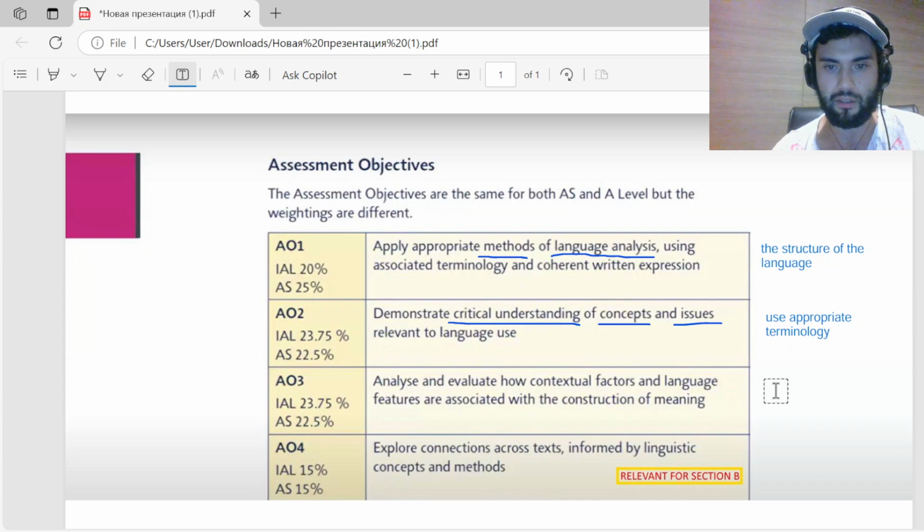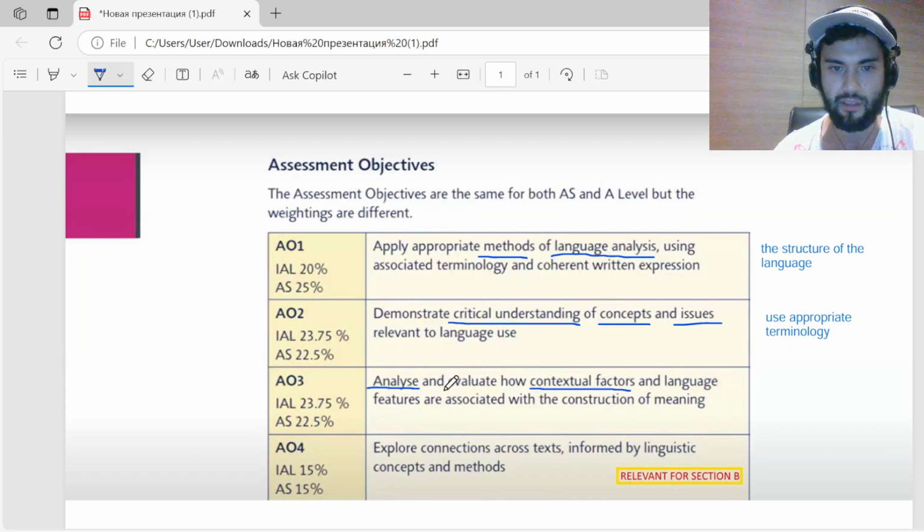Assessment objective number 3. Analyze and evaluate how contextual factors and language features are associated with the construction of meaning. Here, of course, it is contextual factors. We'll also analyze and evaluate, by the way, construction of meaning.